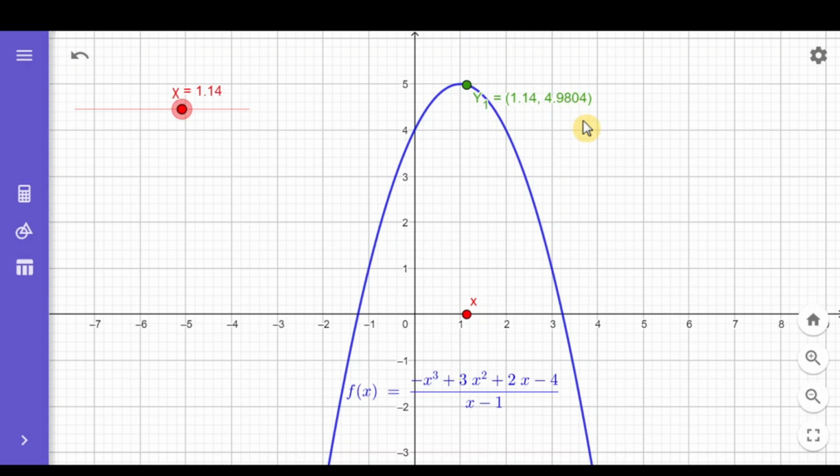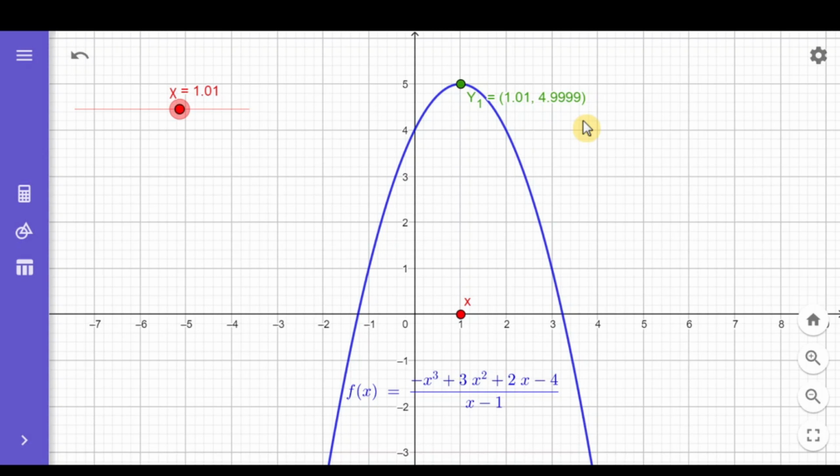1.15 is really close. 1.08, 1.07, 1.06, 1.05, 1.04, 1.03, ano na yung y value natin? 4.9991. Sa pa, 1.02, 4.9996.